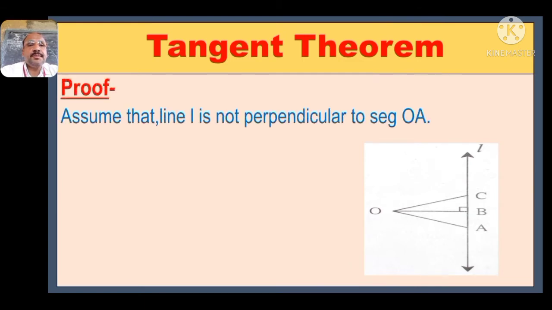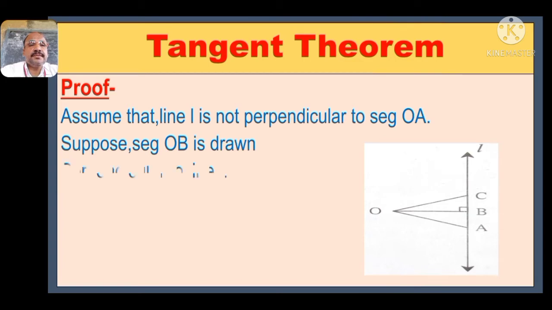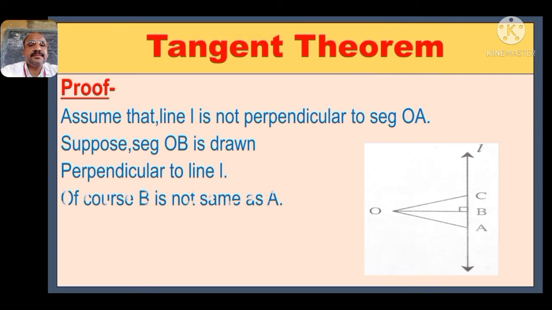Let's assume another figure. Assume that line L is not perpendicular to segment OA. Suppose segment OB is drawn perpendicular to line L. Of course, B is not the same as A.